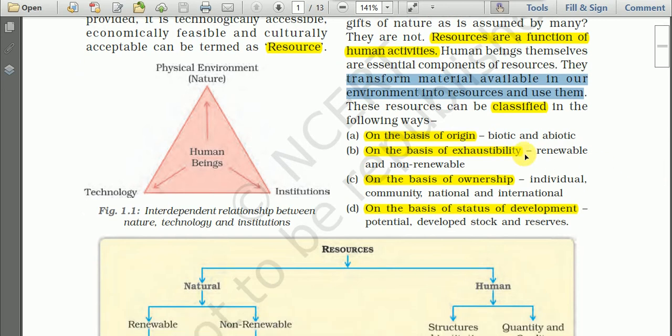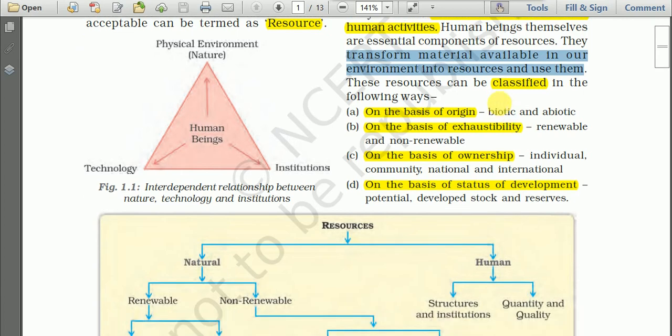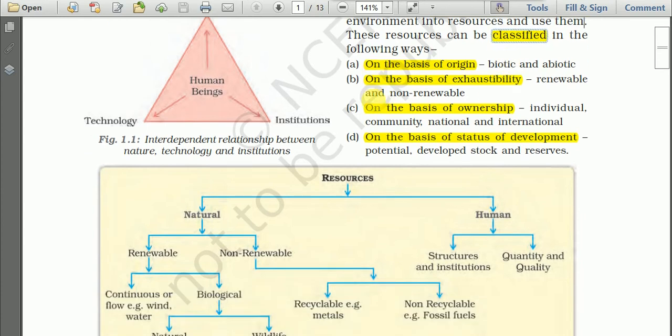And next we have a classification of resources. Resources can be classified in the following ways. So here we have four bases for the classification of resources. The first one is on the basis of origin. We have two types, biotic and abiotic.